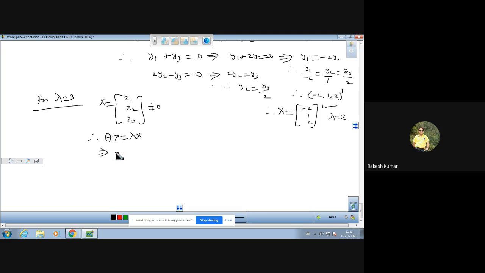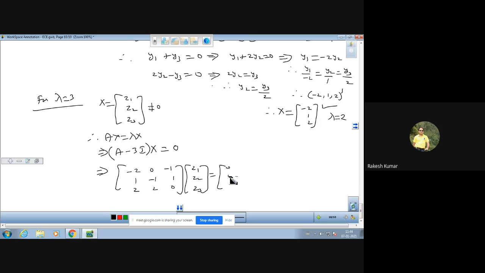It will give you A minus 3I into x is equal to the null vector. So this will give you -2, 0, -1, 1, -1, 1, 2, 2, 0, and this is Z1, Z2, Z3, and this is 0, 0, 0.